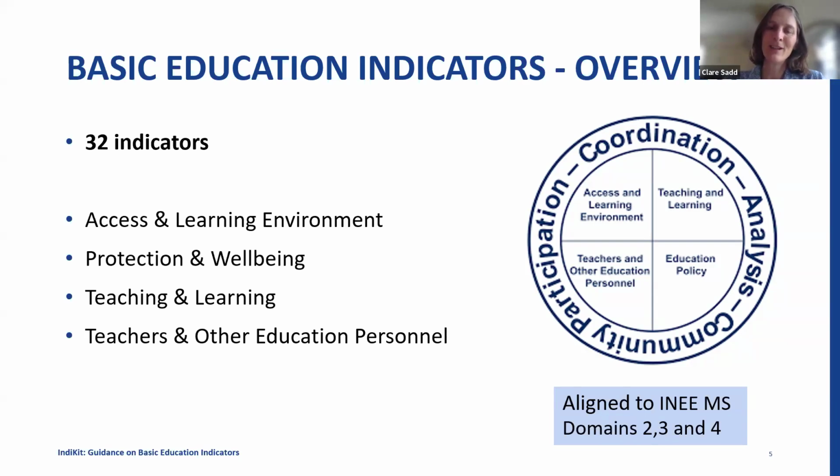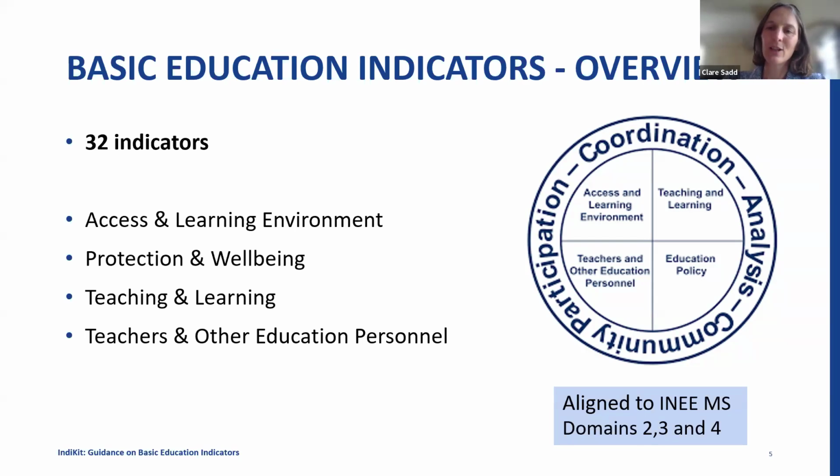But for the sake of clarity, we've separated these two out in Indikit because we decided that protection and well-being really did deserve its own focus. So while protection and well-being falls within access and learning environment, in Indikit it is a separate area. It also includes indicators around domain 3, on teaching and learning, and domain 4, focusing on teachers and other education personnel.